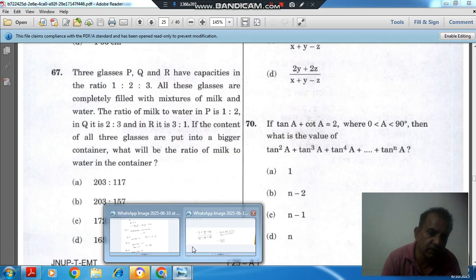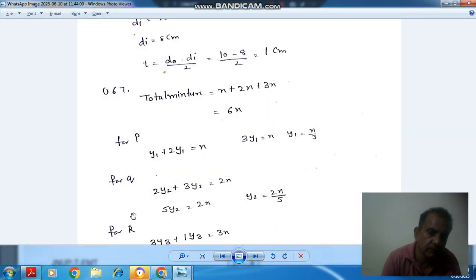Suppose y1 is the common ratio, then y1 will be the milk quantity and 2y1 will be the water quantity. So the total mixture y1 plus 2y1 is equal to x, or 3y1 is equal to x, or y1 is equal to x by 3.